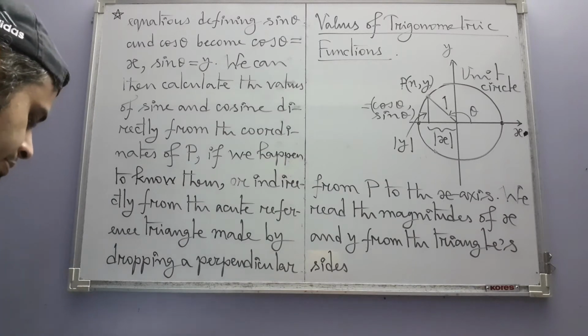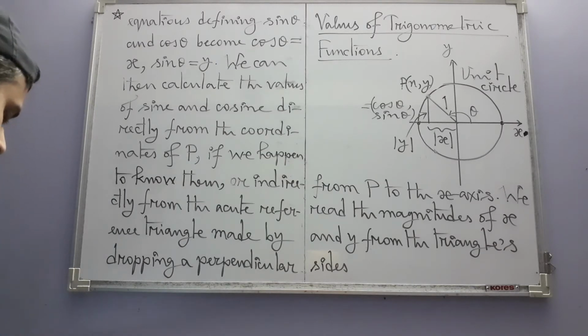The signs of x and y are determined by the quadrant in which the triangle lies.